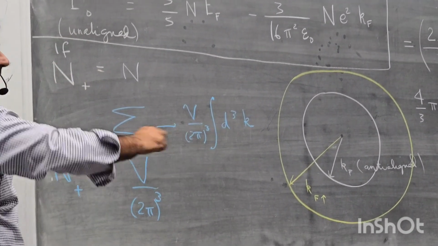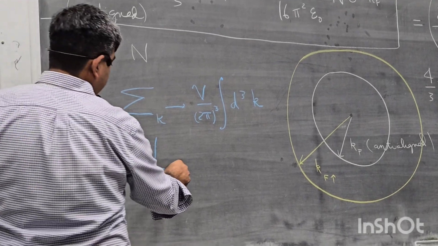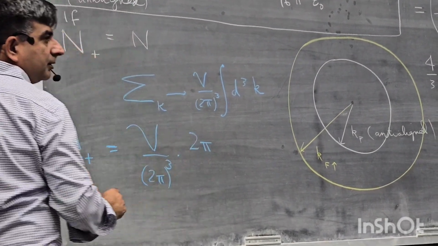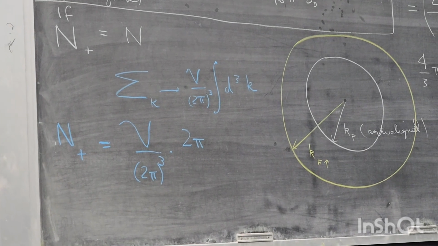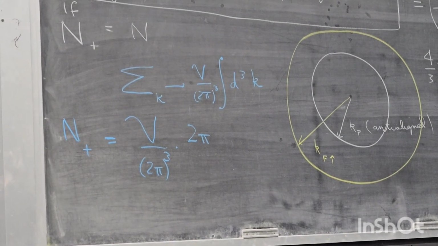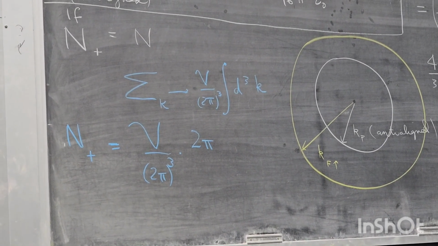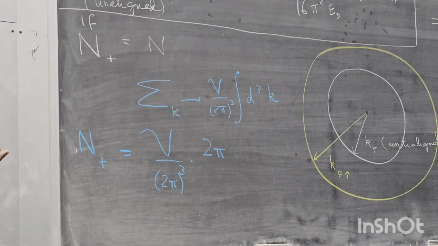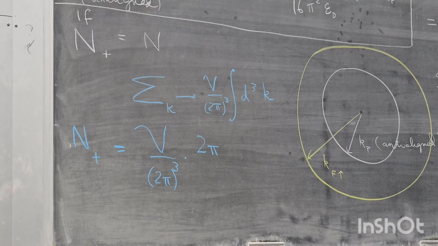The integral over phi is going to give you 2 pi. The integral over theta is going to give you a factor of 2.